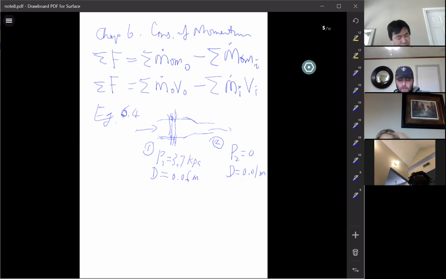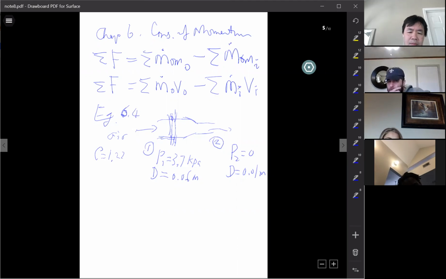Okay, I guess that's all the information. I give you the density. This is air. The density of the air is 1.22 kilogram per cubic meter. What's the force required to hold it?